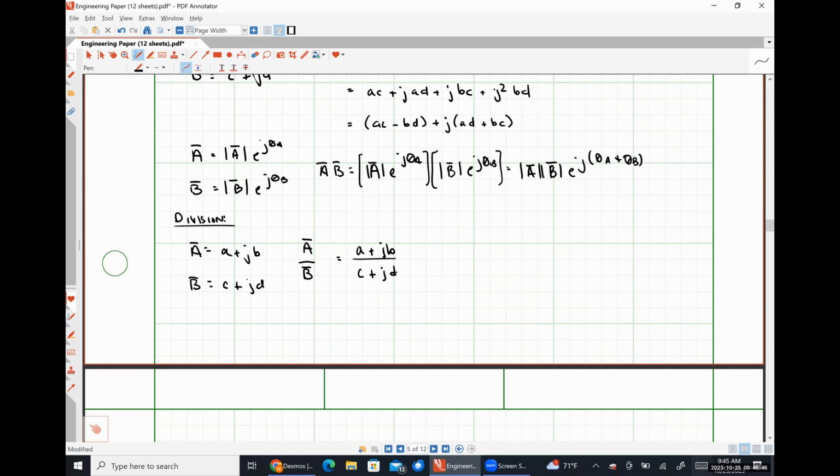Every other mathematical operation that we have done on rectangular form complex numbers has resulted in a rectangular form complex number. This is a ratio of rectangular form complex numbers, but it is not a rectangular form complex number in and of itself. So in order to do division using rectangular form complex numbers, I'm going to multiply by the complex conjugate of the denominator over the complex conjugate of the denominator.